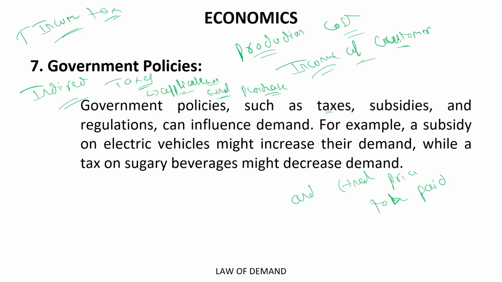Whoever is finally buying the product will be liable to pay these taxes. So if the indirect taxes go high, then the final price or market price of the good will go high, so demand will go down. Similarly, if indirect tax is lowered, then the market price will go down and demand will go up. All right.